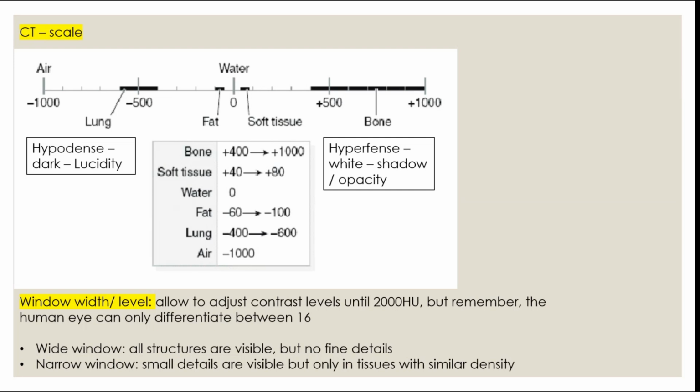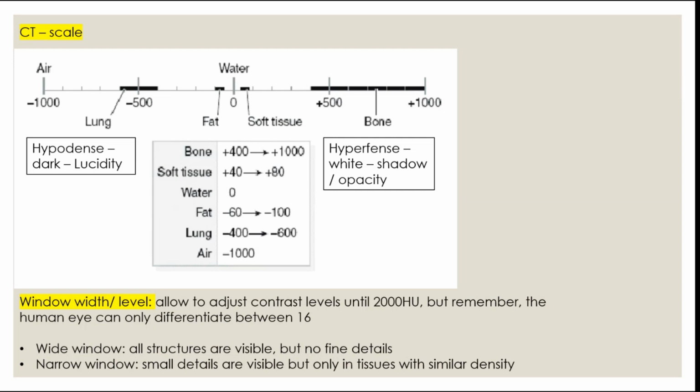Then we have two windows, width window and level window, and these windows will allow us to adjust the contrast on a different level of Hounsfield, which gray scale we want to see, but we can only see 16. But this will help us to be more specific.